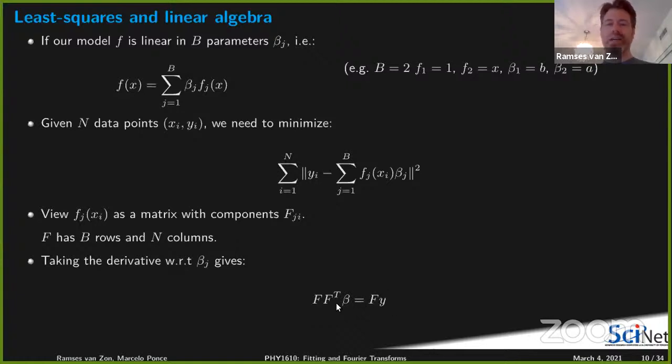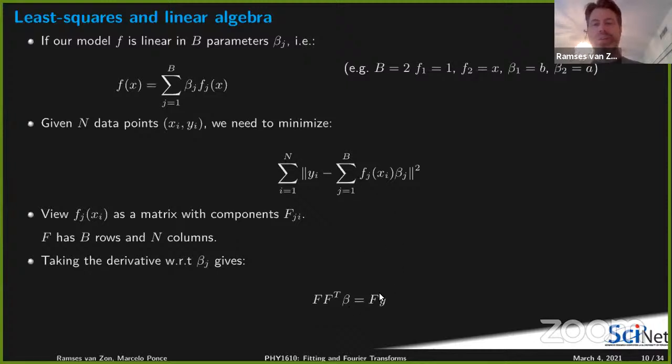And then on the left-hand side, I have my elements beta as a vector, so that is beta 1, beta 2, beta 3, etc. And then I have a matrix acting on that, actually two of them, so F times F transpose. So you transpose a matrix, then multiply it on the left with itself. And that also is a b by b matrix once I've done F times F^T, right?